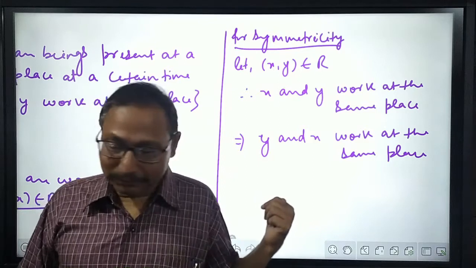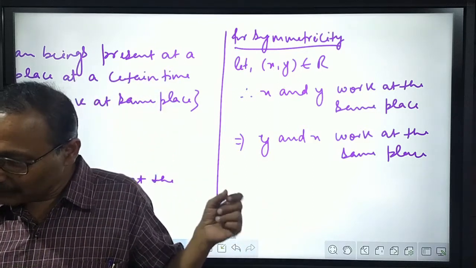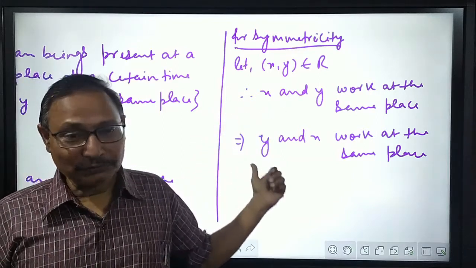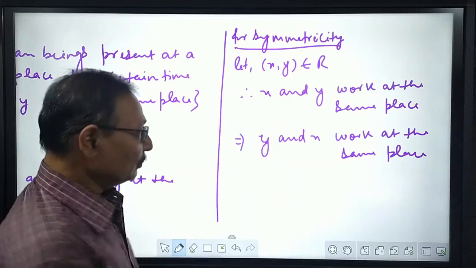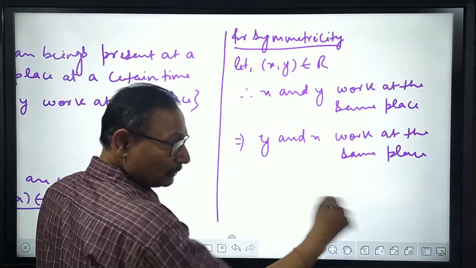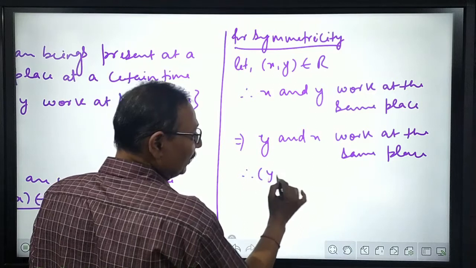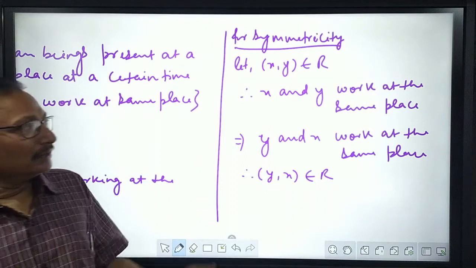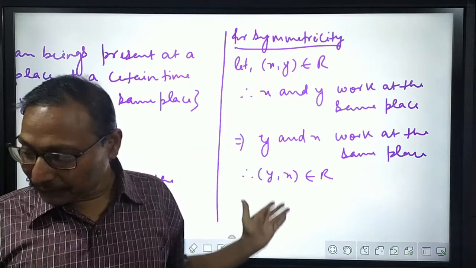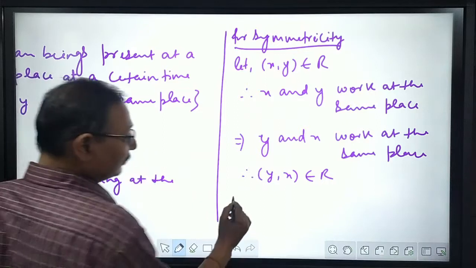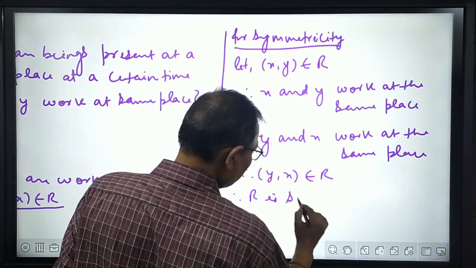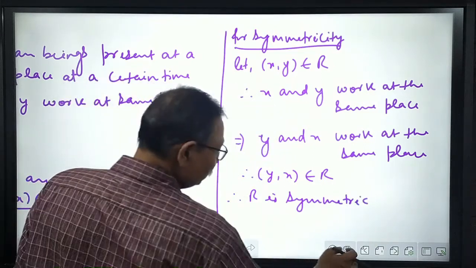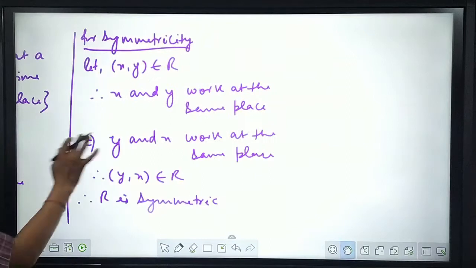So that is why I have written here y and x work at the same place. Since these two are working at the same place, we can say that y comma x belongs to R. So clearly, if x comma y belongs to R, we conclude that y comma x belongs to R. Therefore, R is symmetric.